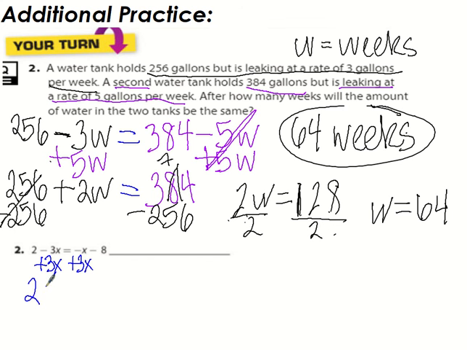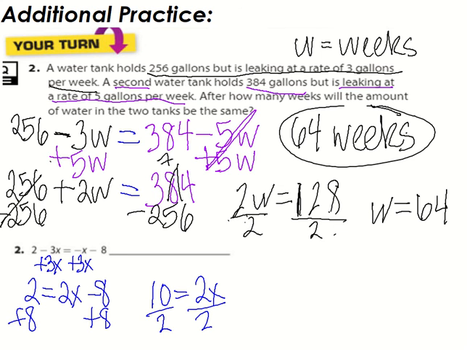So I would get 2 equals 2x minus 8 because negative x and positive 3x is 2x. Then I get my two-step. I get to add 8. I get 10 equals 2x, divide by 2, and we get 5 equals x. Notice I also keep my answer the way it was set up here. I never flip it or do any of that. I keep it in the order it always is.